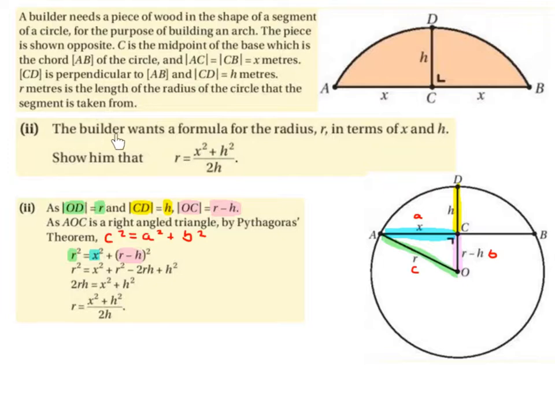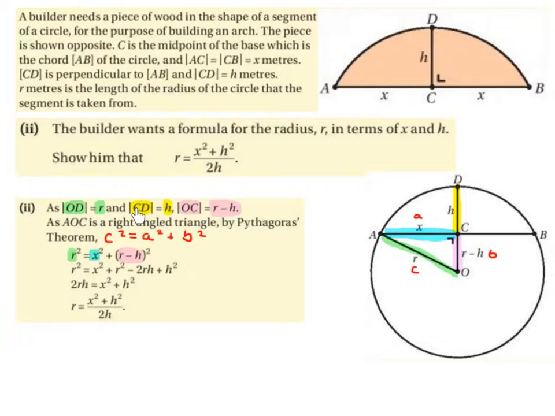Part 2. The builder wants a formula for the radius r in terms of x and h. Show him that r is equal to x squared plus h squared divided by 2h. So OD is the radius from O to D. So therefore OA is also the radius.